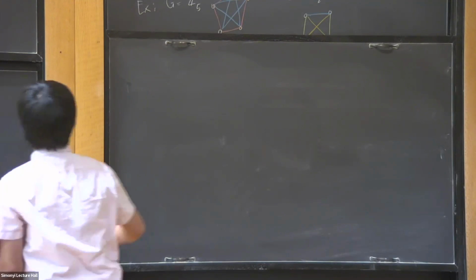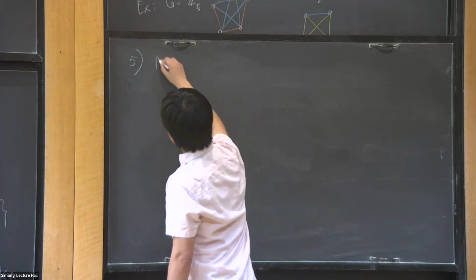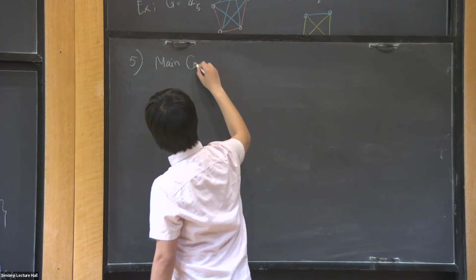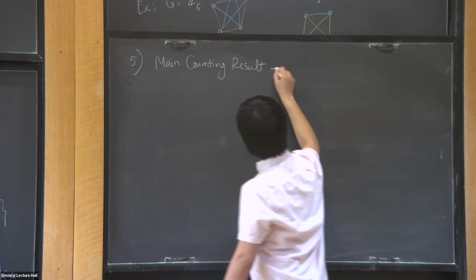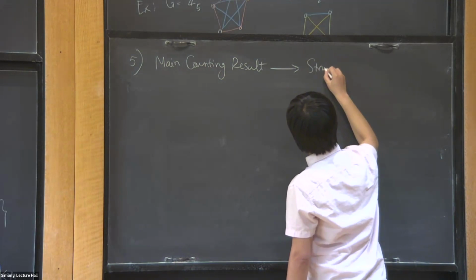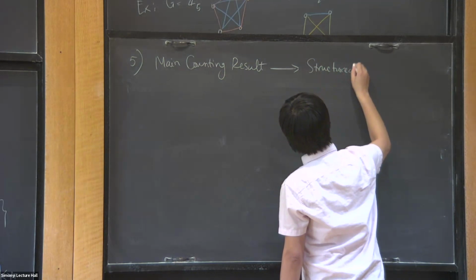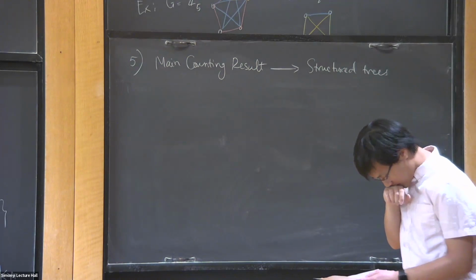So this is number 5. The main counting result, which is theorem 3 prime, we'll reduce it now to some structural result on finding a structured tree in a proper edge coloring.